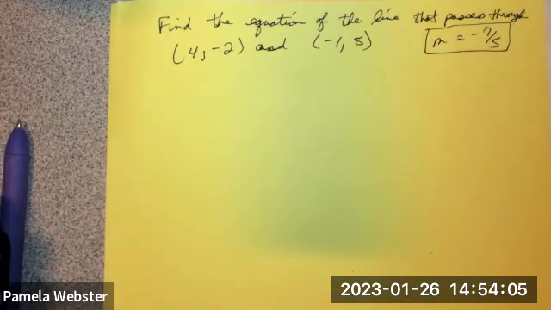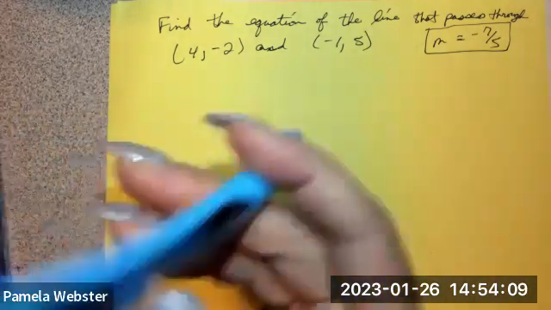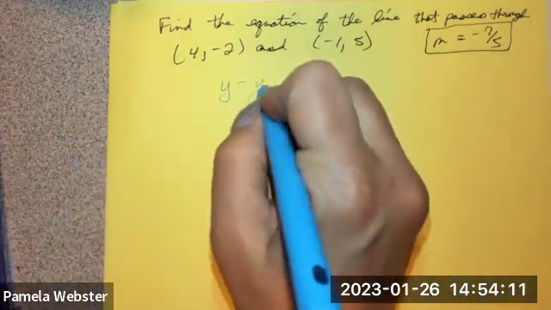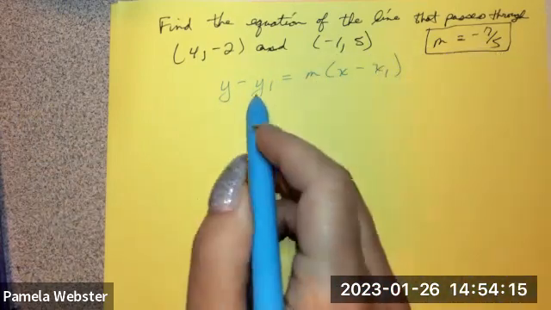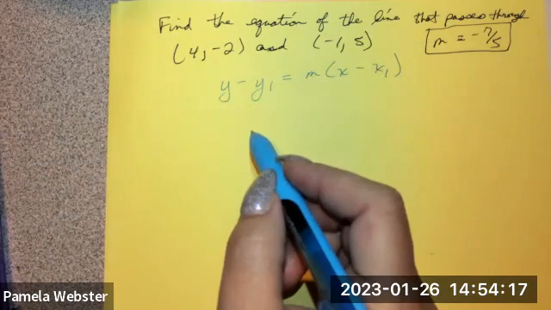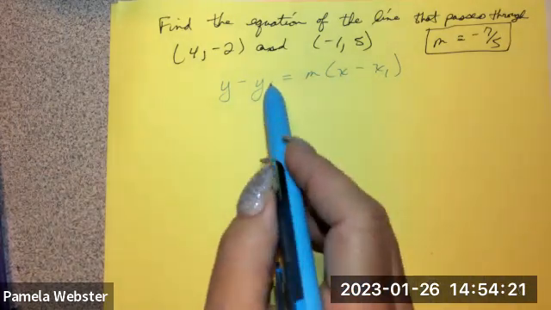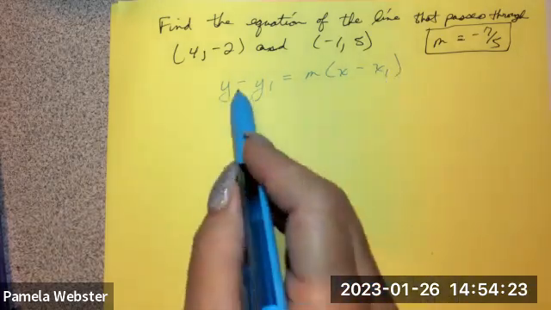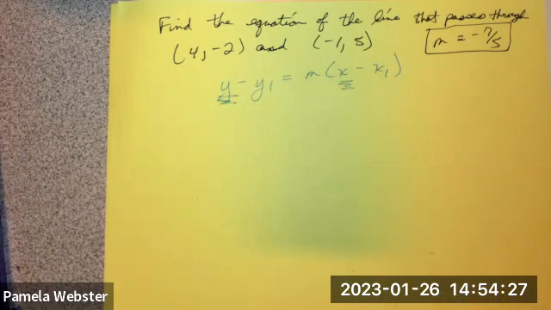The formula we're going to use is the point slope formula. Again, it looks like y minus y1 equals m times x minus x1. Sometimes I get asked, why did they drop the twos on the x2 and the y2? The reason is that for this formula, we want to keep this y and this x generic.